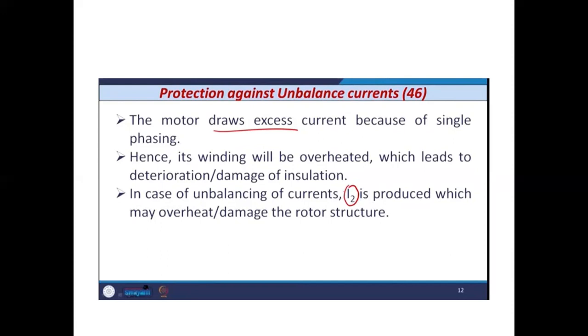It is specified in the literature that the heat produced because of negative sequence current is 6 times the heat produced by the motor when positive sequence current flows. So to protect the motor against such unbalanced currents, the negative sequence relay, 46, is used.